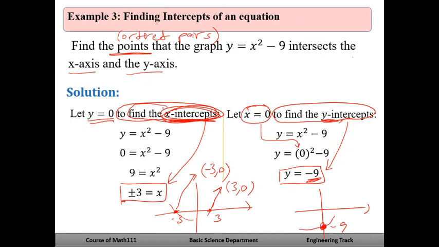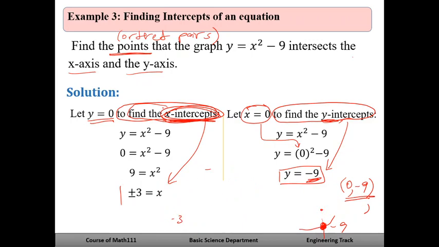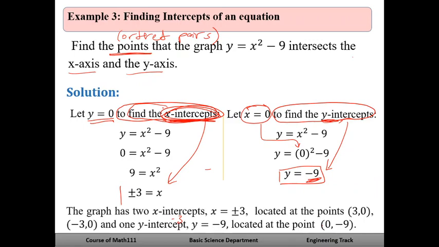As an ordered pair, the x component will be 0 and the y component will be -9, so the coordinates are (0, -9). So the ordered pairs corresponding to the intercepts are (3, 0), (-3, 0), and (0, -9).